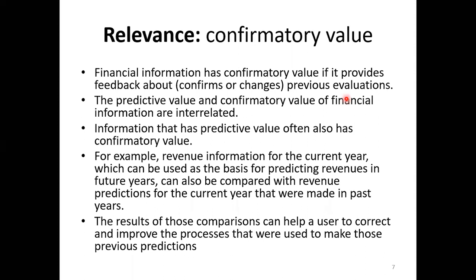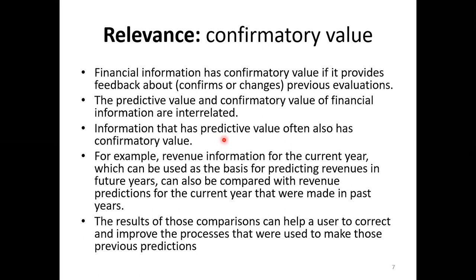But if the actual outcome is head, not tail, then the prediction is not correct. The predictive value and confirmatory value of financial information are interrelated. Information that has predictive value often also has confirmatory value. So predicted value will be confirmed later.